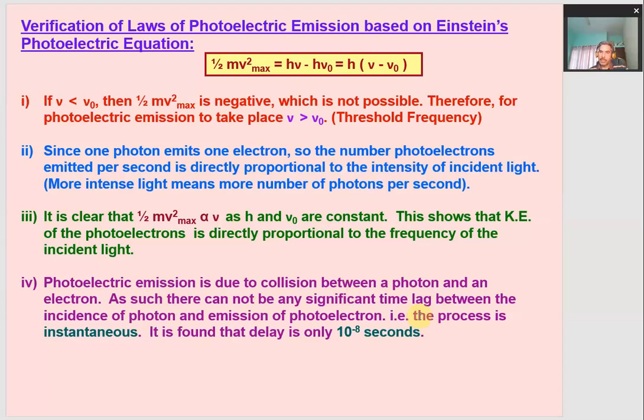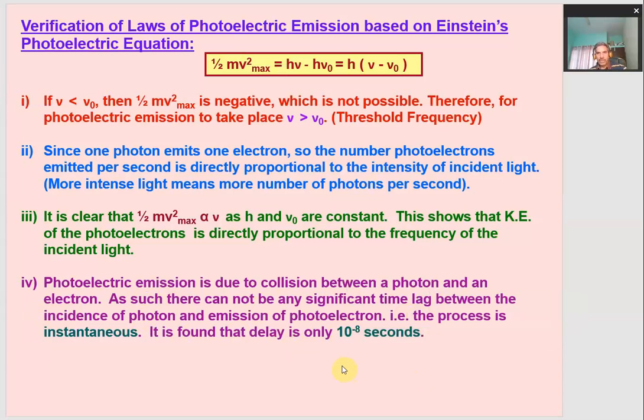That is, the process is quite spontaneous. It has been found that the time lag is just 10 to the power minus 8 seconds, which is very, very small. So the process is quite spontaneous.